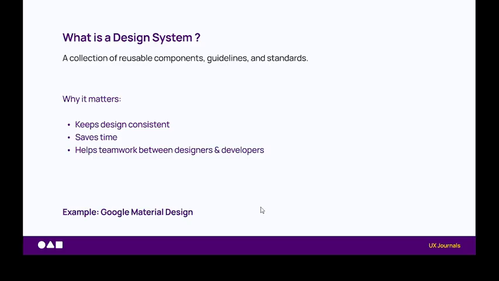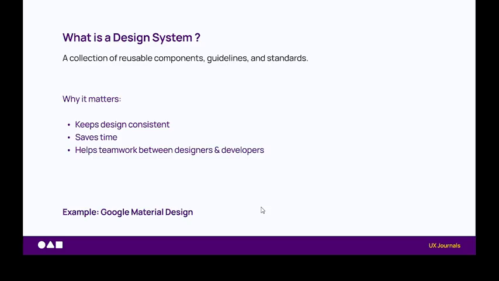The guidelines are basically your defined spacing, your defined parameters for every single element that you use. Maybe for this particular screen or this particular card, the spacing is going to be maybe 16 and all that.